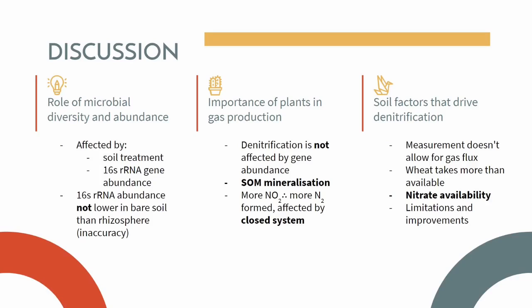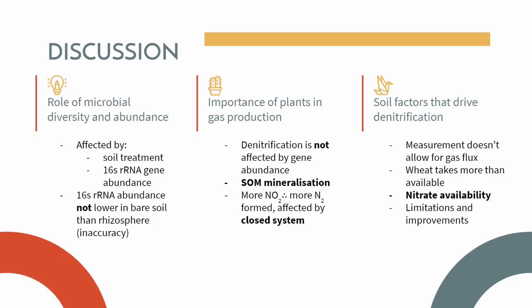So the second part is the importance of plants in gas production. The first one is that gene abundance does not affect gas production, which does not affect denitrification. Because of this, a low nitrous oxide to nitrogen ratio means that less denitrification occurs. The NH4+ ions formed are a product of soil organic matter mineralization, or SOM mineralization, and this can be stimulated by root exudates.